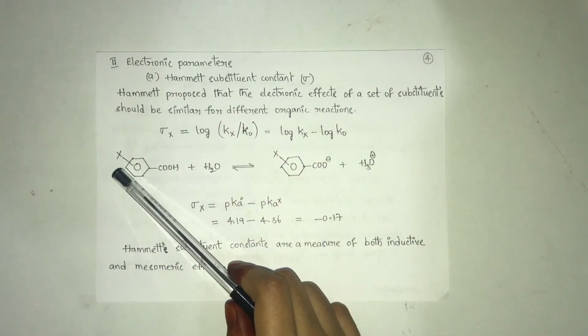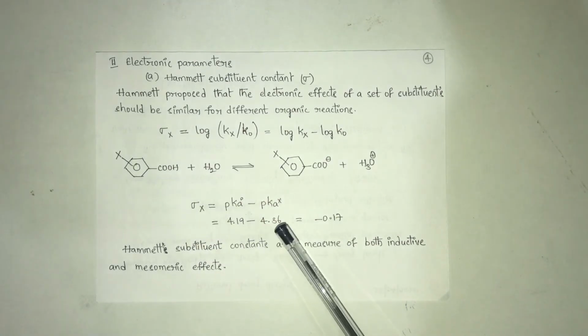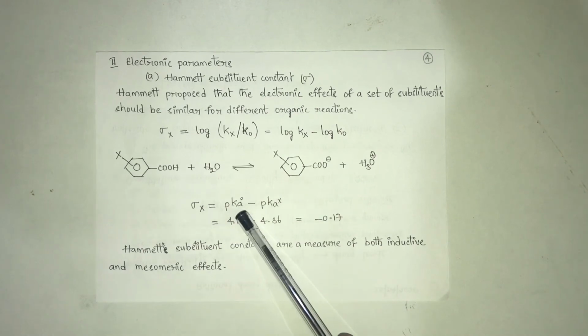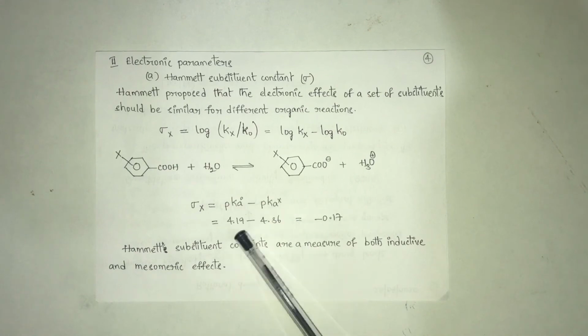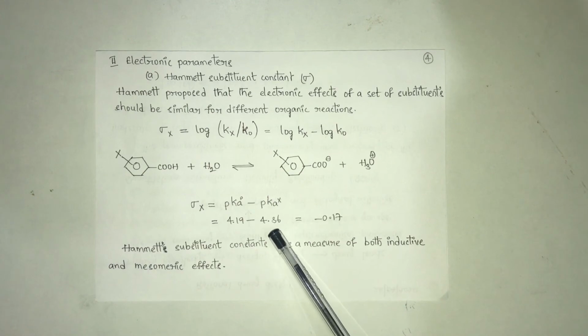Electron withdrawing groups in X pull electron density from the carboxylic acid group to the ring and make it more acidic. Electron donating groups in X decrease the acidic strength of carboxylic acid. More conveniently, Hammett's substituent constant can be expressed as sigma x equals pKa0 minus pKax, where pKa of benzoic acid is 4.19, whereas pKa of substituted benzoic acid is 4.36.